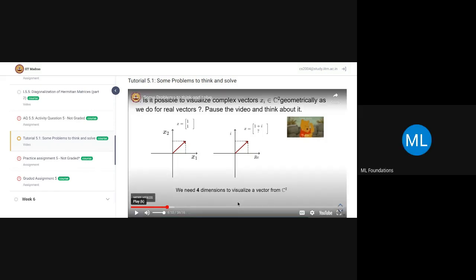What I wanted to clarify was, for the example he's given, let's say the vector x is 1 plus i. Unlike in the case of real numbers, here in 2D, the x-axis will be the real part and the y-axis the imaginary.